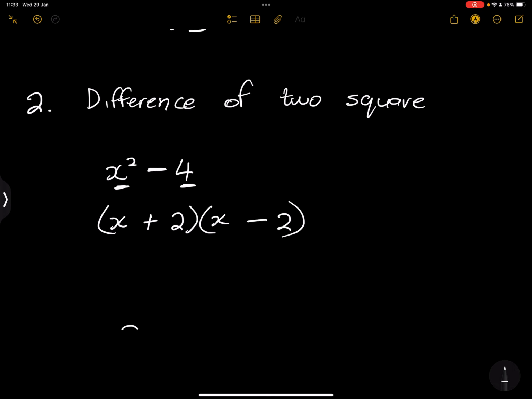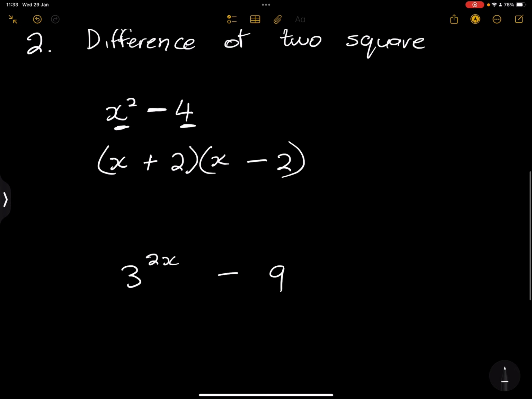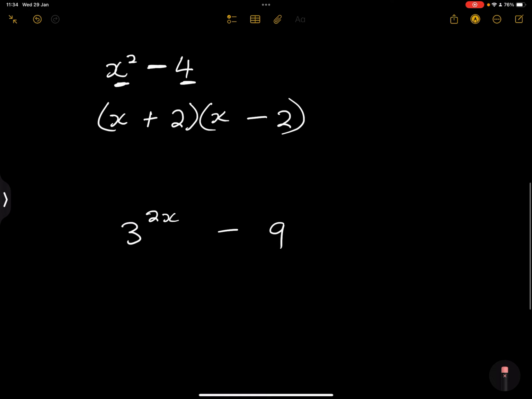For instance, if I have got 3 to the power of 2x, let's say minus 9. If you look at this, this is a perfect square, but so is this. How would I factorize this? I can actually write this as 3^x, that's the square root, plus 3, and also 3^x minus 3.